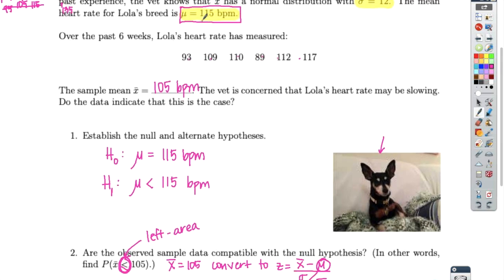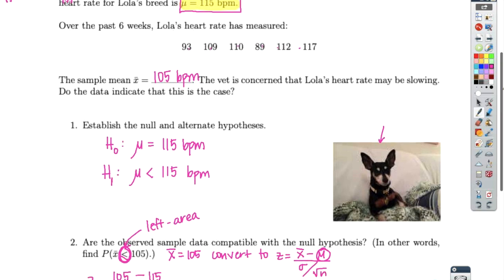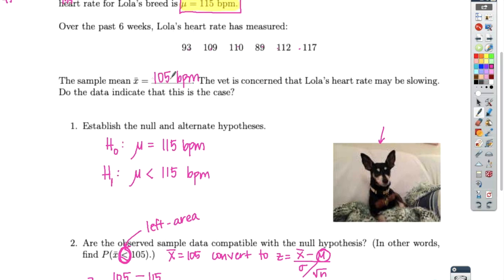We know that for all of these aging min pins, all these dogs, the average resting heart rate is 115. For Lola, for this dog, we found her resting heart rate to be 105. We averaged these six data values. Pretty small sample, but it said it was already normal, so it's okay.